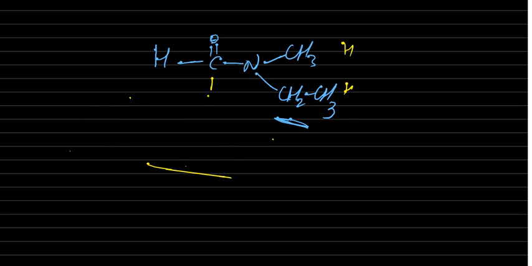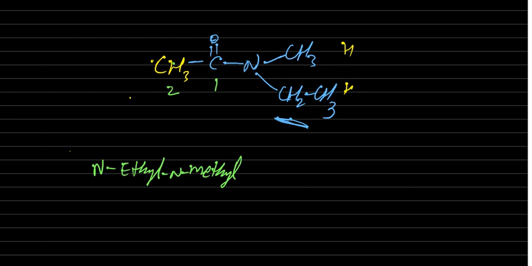If you want to write it in a single line, suppose here one more carbon is there extra. In this case, what is the name of this compound? 1 and 2. So ethanamide. Now N-ethyl, N-methyl.